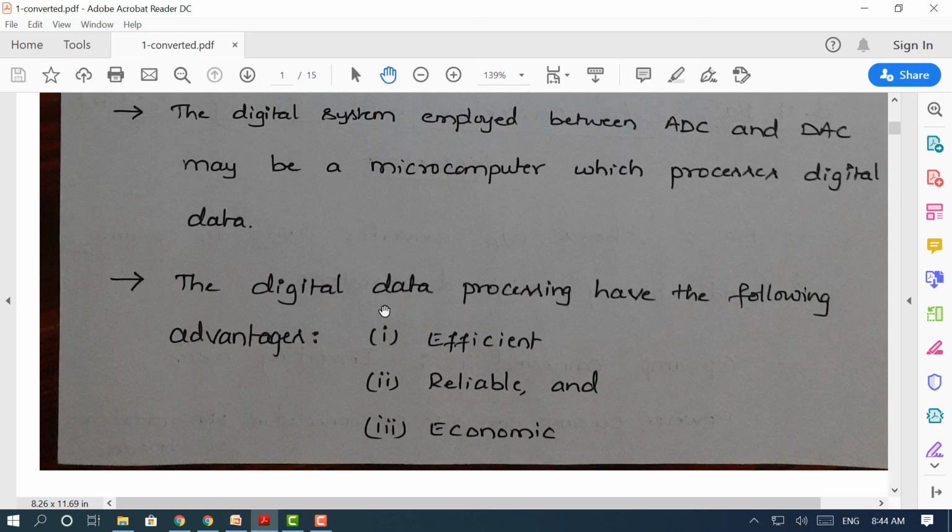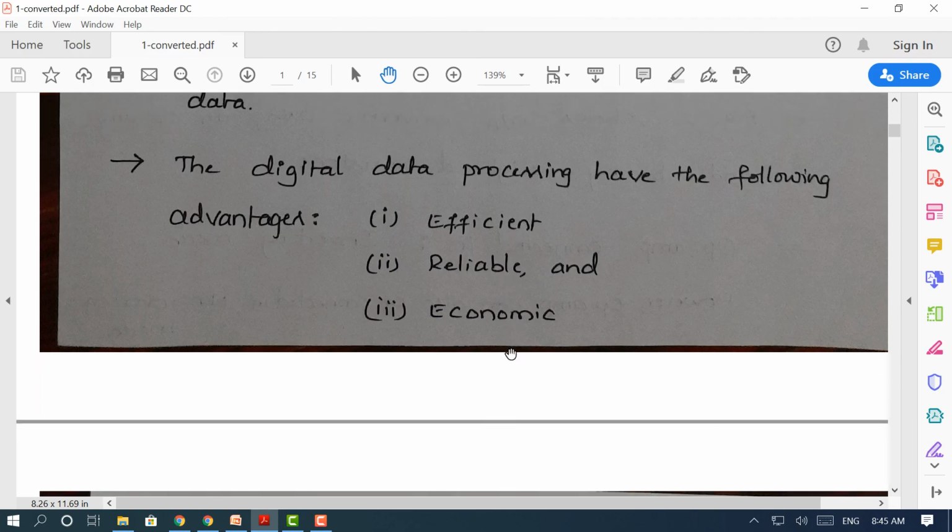Analog data processing is very difficult because it has too many values, so it's not efficient. Analog data processing is not reliable, and also it's not viable. And therefore we need to convert analog data to digital and process in digital form. Since we humans interpret in analog form, we need to convert digital data back to analog format. That would be the reason for using a computer as a digital system to process the digital data.